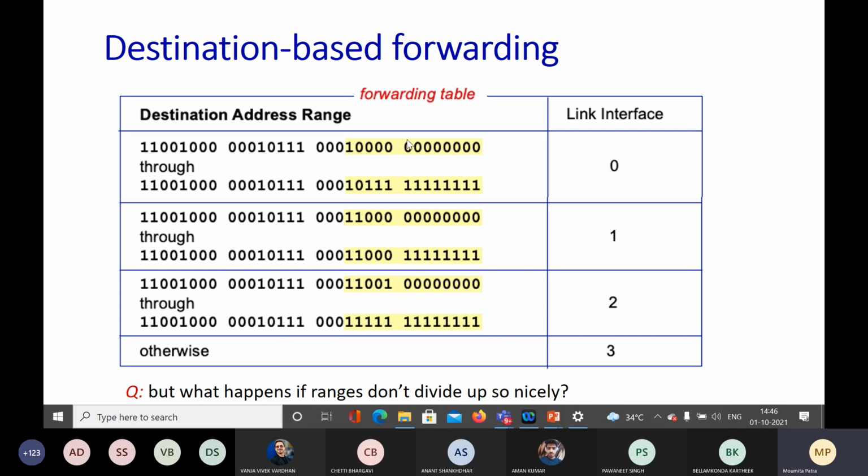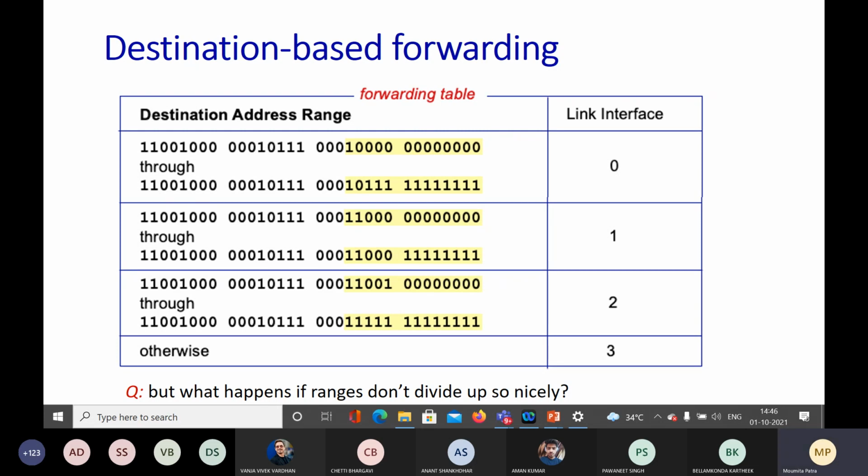That means you check the header field in your packet to find out the destination address. If the destination falls in this range, then that packet has to be transferred to output port 0. If it matches the second one, then the data has to be sent through output port 1, and so on, depending upon what range it falls under.